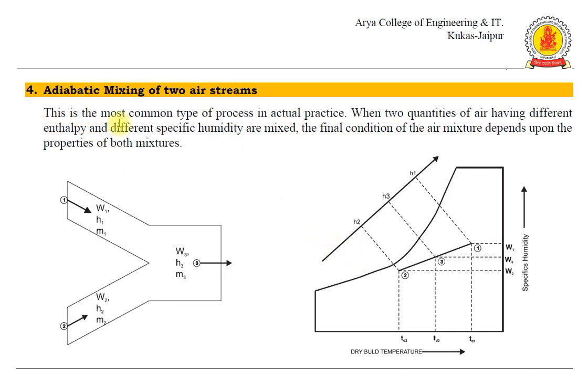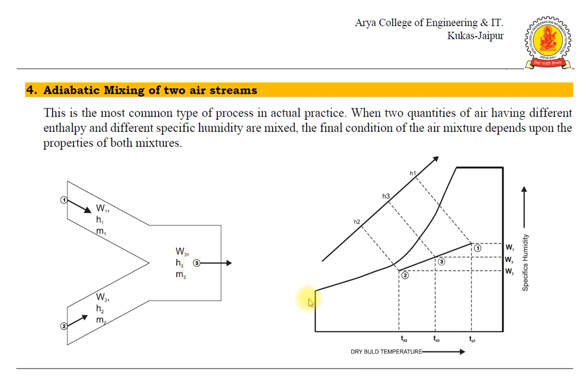This is the most common type of process in which two different air streams are mixed and supplied in the room. These both streams have different quantities of specific humidity, enthalpy, and mass: W1, H1, M1, W2, H2, M2, and when they are mixed, their combined properties are W3, H3, M3.